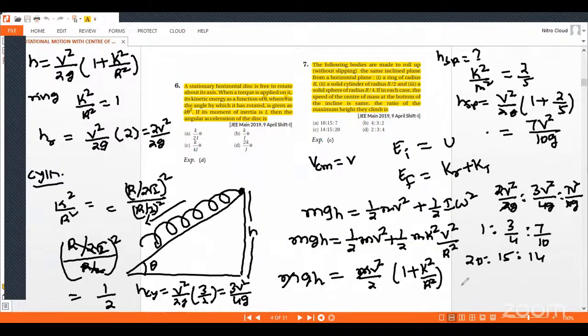That is 20 is to 15 is to 14, but it is taken from the last. That is 14 is to 15 is to 20.